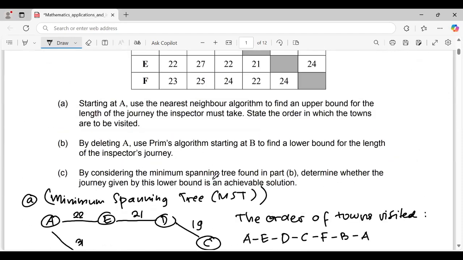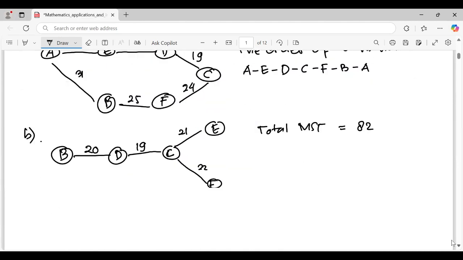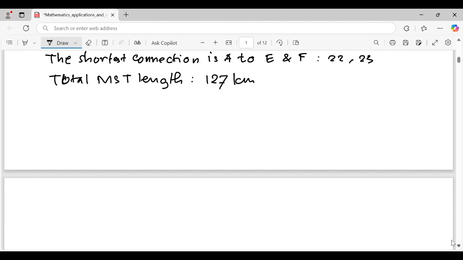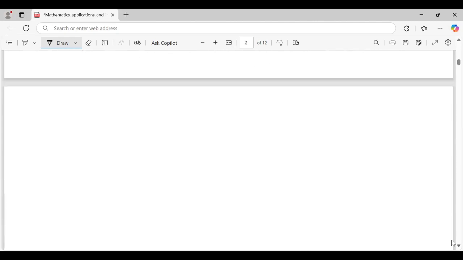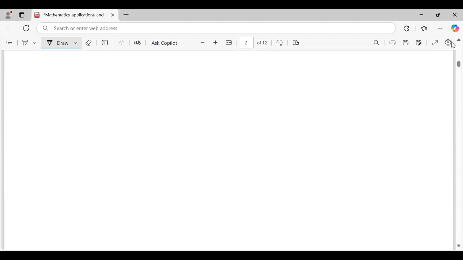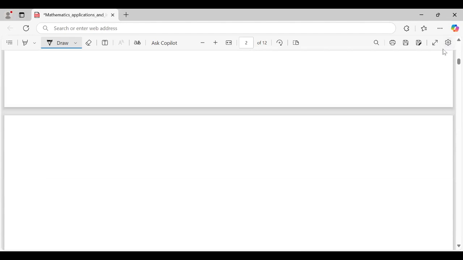By considering the minimum spanning tree found in Part B, determine whether the journey given by this lower bound is an achievable solution. I would like to sketch the MST like this.